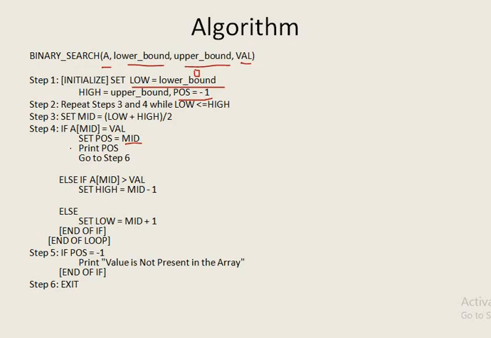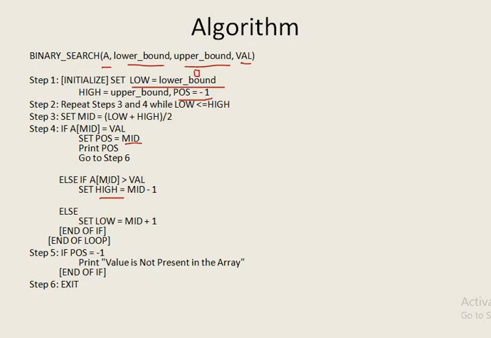Otherwise, if A of mid is greater than the value, it means we have to search the element towards the left side of the array. That is, the element being searched is less than the middle value. Therefore this element will always belong to the left side of the array. So the high value is to be changed: high is set to mid minus 1, and this process is continued again.